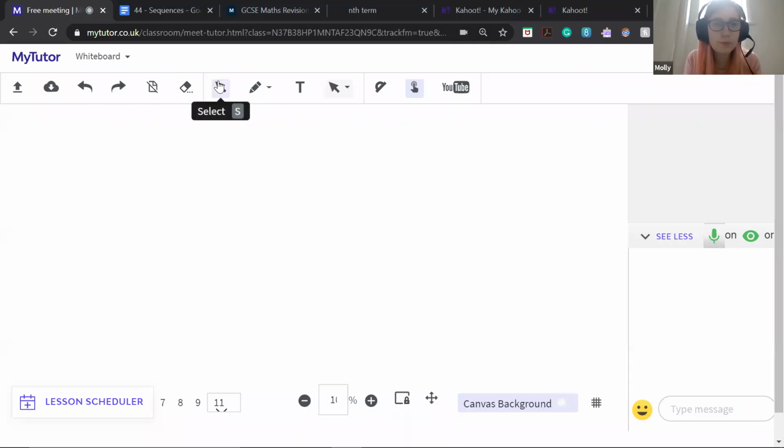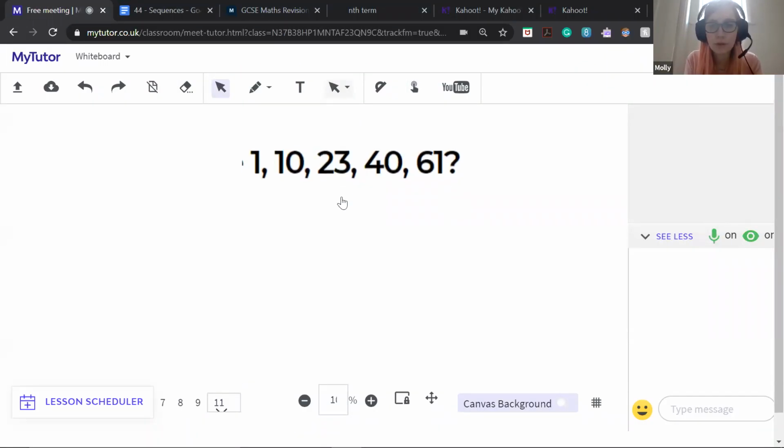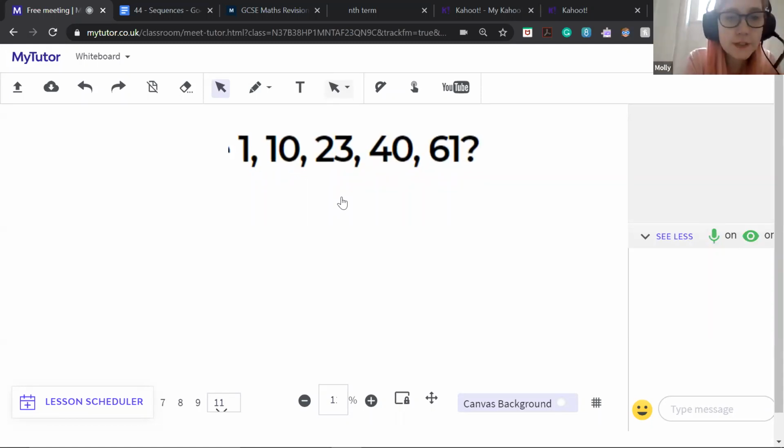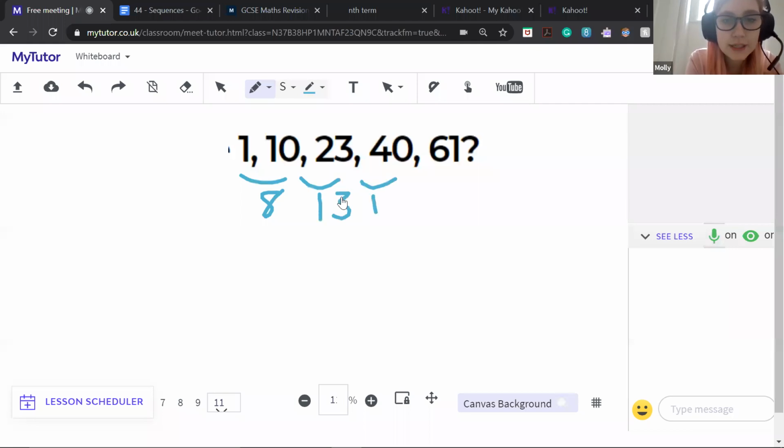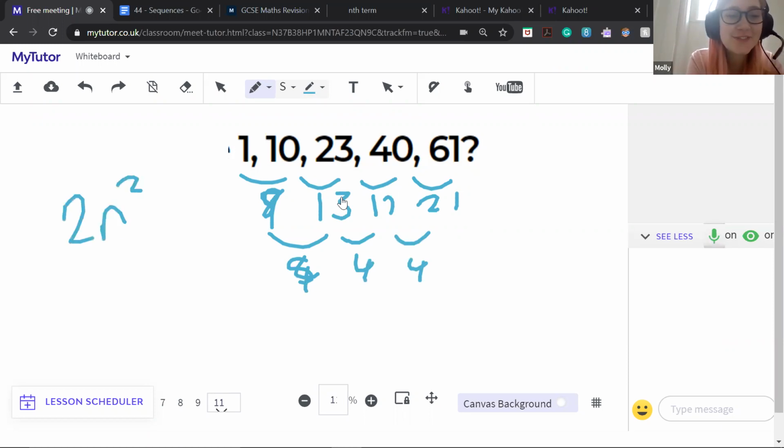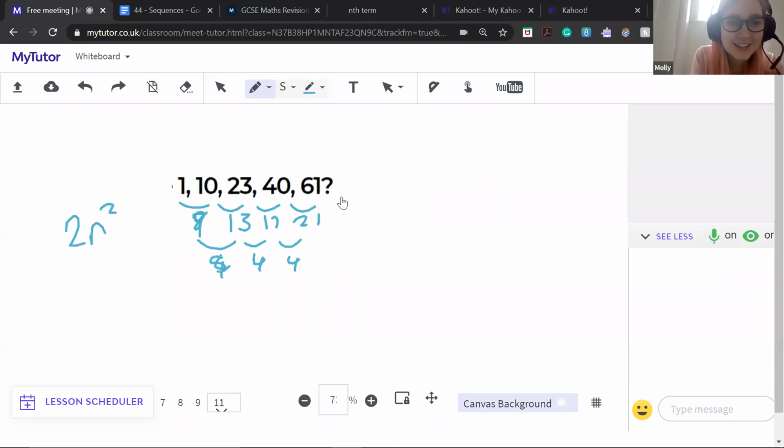I'll go through this super, super quickly. So, differences on the first level, 8, 13, 17, 21. Differences on the second level, 5, oh gosh, I've done something wrong. That's 9, 4, 4, 4. So it's a 2n squared because that's 4. Let's do our table. N squared, sequence, 2n squared.